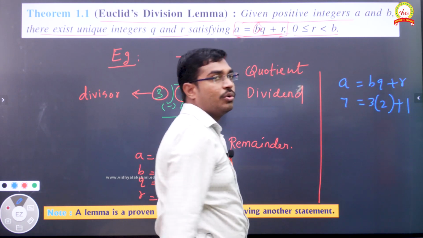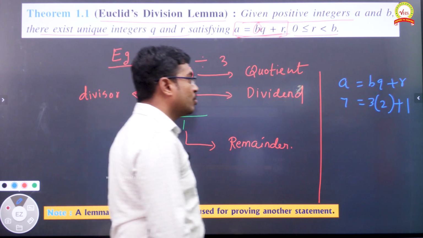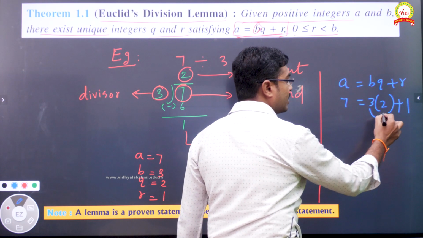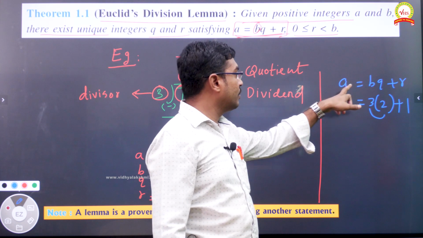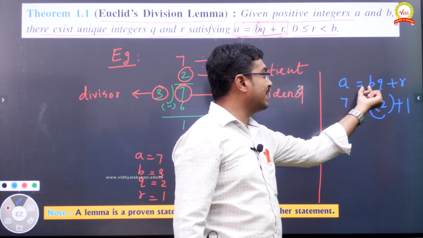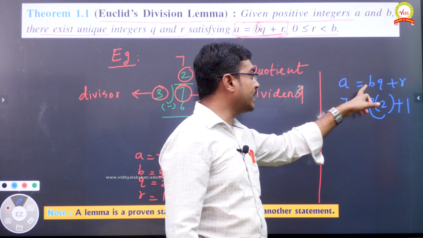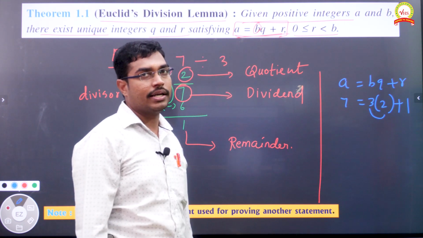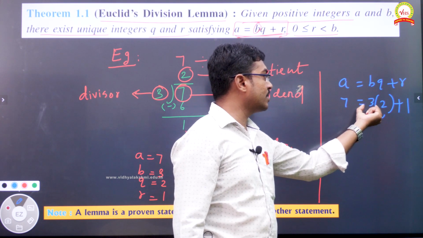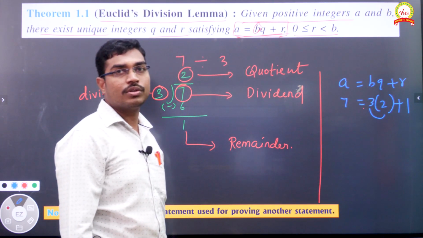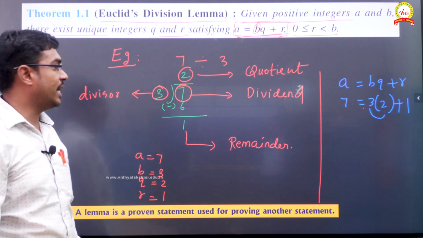So, multiply it: 3 2s are 6, 6 plus 1 is 7. So, a, the dividend, equals b, the divisor, into quotient, plus remainder, which is equal to a. So, 7 equals 3 2s are 6, 6 plus 1 is 7. So, this is Euclid division lemma.